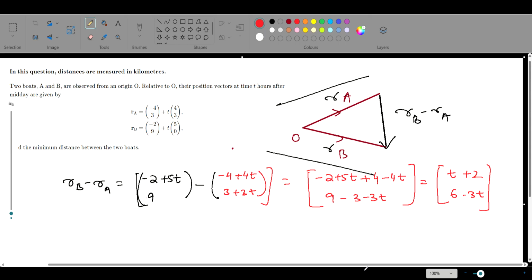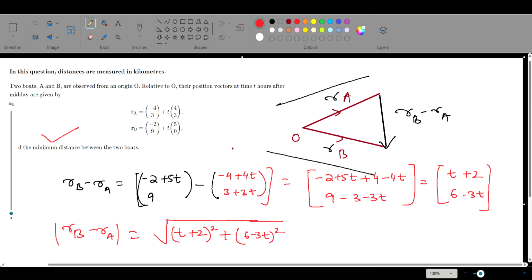Now what I need is the minimum distance. I need the distance, so I'll find the magnitude of RB minus RA. For that, I'm doing t plus 2 whole squared plus 6 minus 3t whole squared.